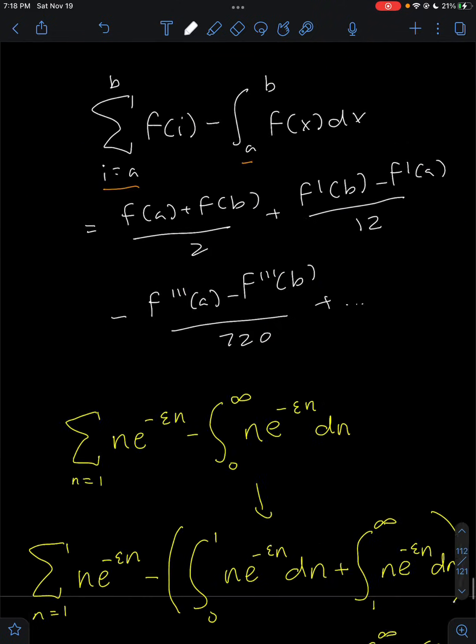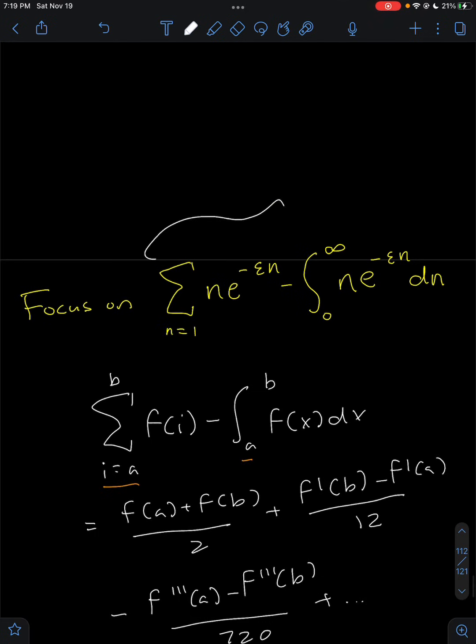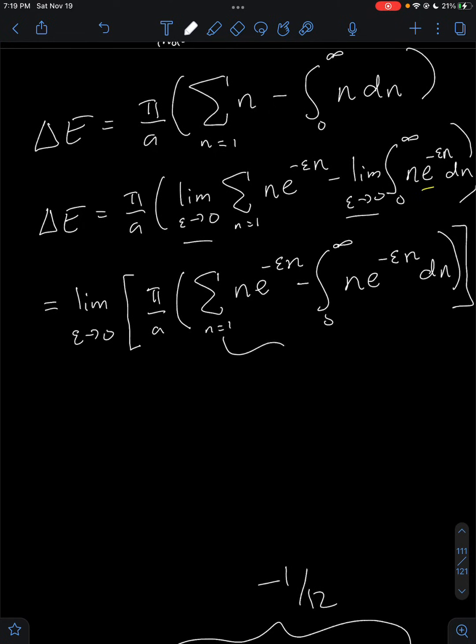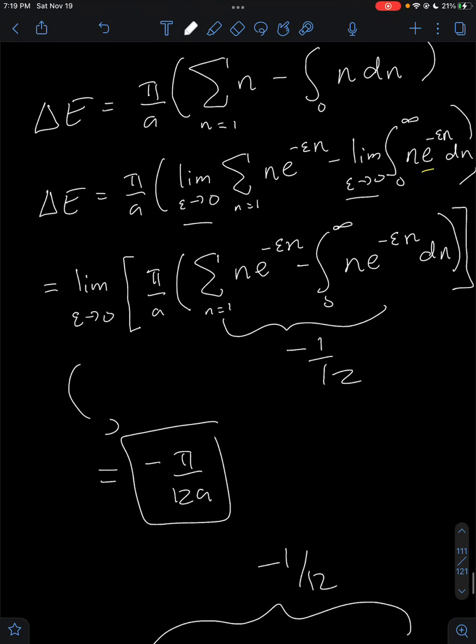So we're almost done here. Stay with me. This entire thing is just going to be minus 1 over 12, which means that this entire thing here is going to be minus pi over 12a. Yay! We've got our answer for delta E. We're done.